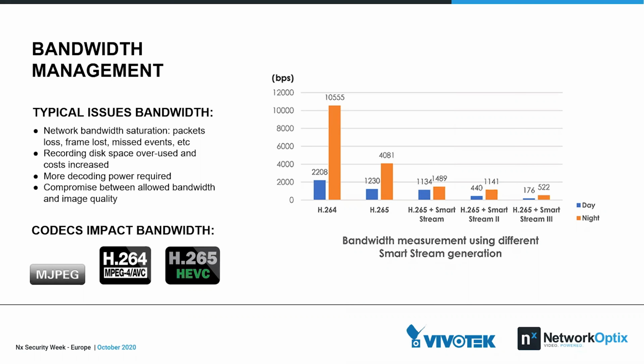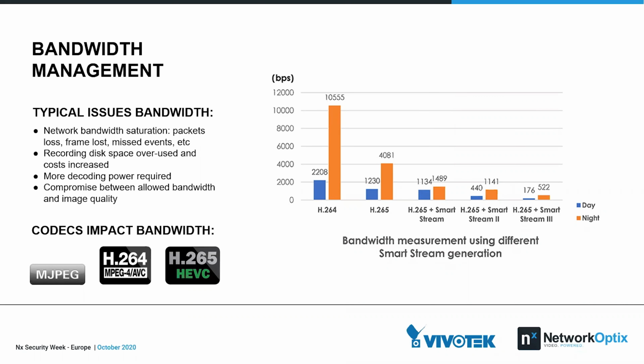However, it's very stable. So for Wi-Fi connection, for example, environments which are not so stable, if you use MJPEG, you might not have any problem to get the video stream. Maybe you will lose some frames, but at the end, you will get as much information as possible from the camera.